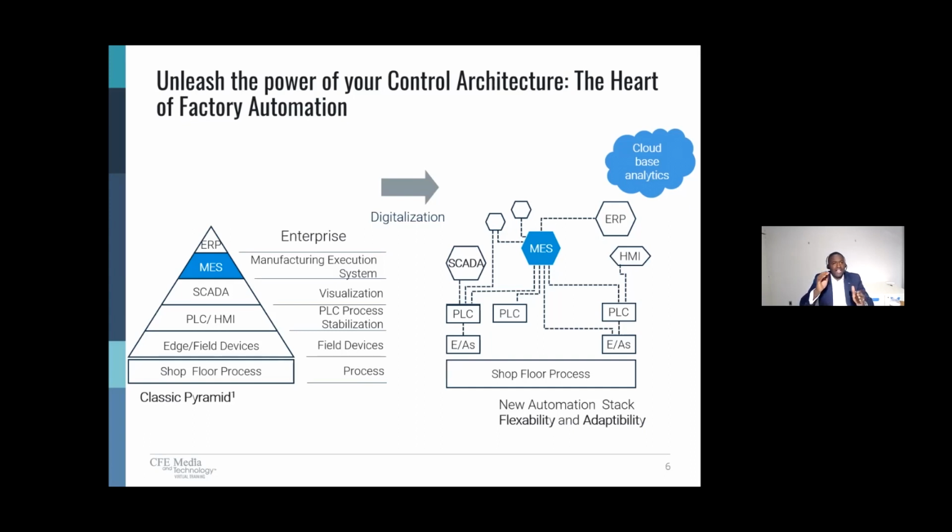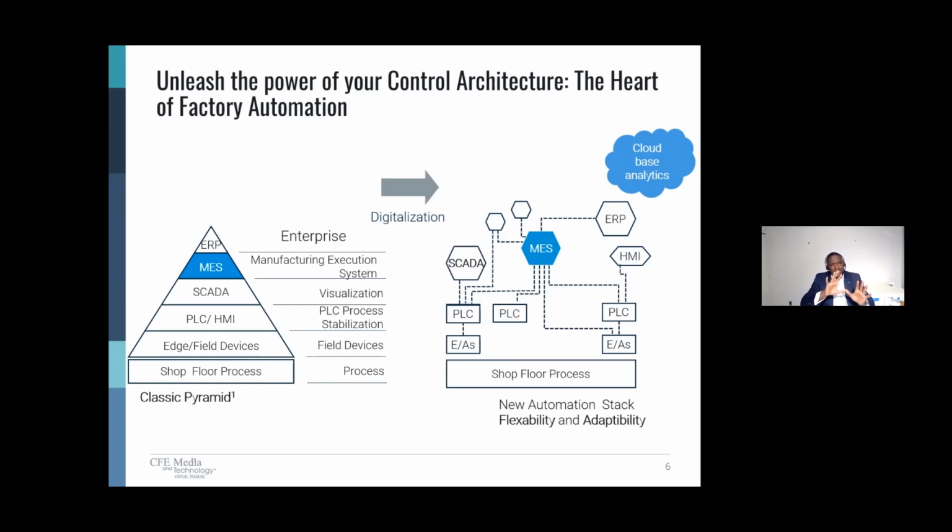Well, notice that cloud-based analytics, we have to deal with that. Operating on the cloud. And then you also have the edge devices. Edge devices are devices where the data would not flow through the PLC, but it would be possibly on a computer, and that computer would then be connected and pulling data from the cloud, but not going through the PLC.